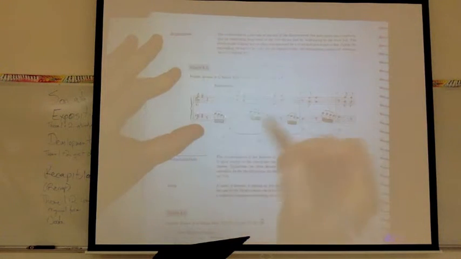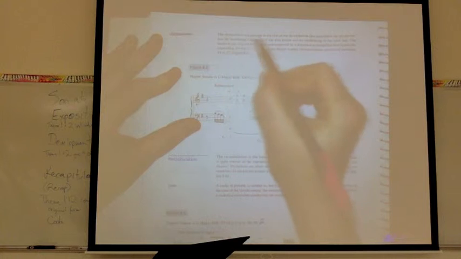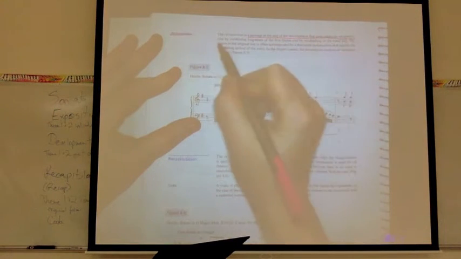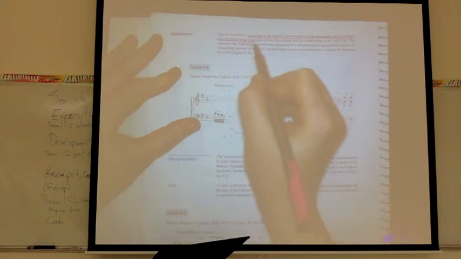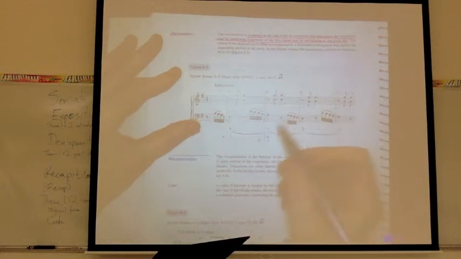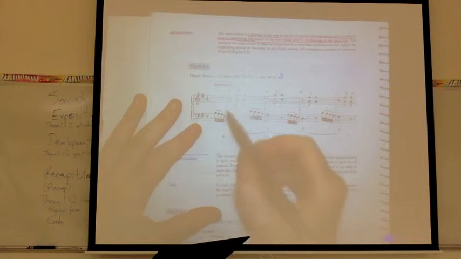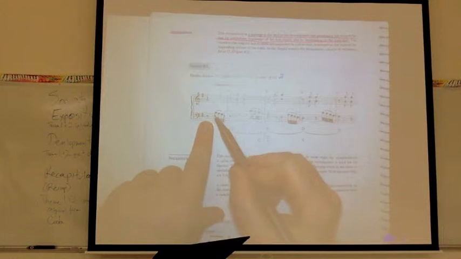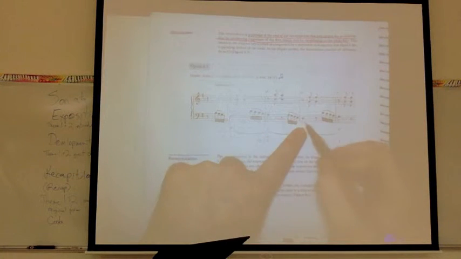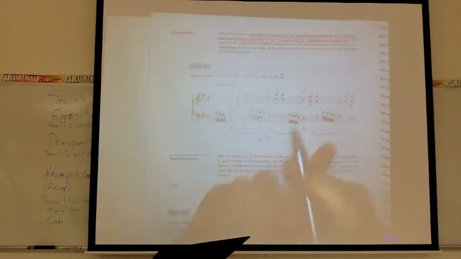All right. Now, at the end of the development, we get something called the retransition. The retransition is a passage at the end of the development that anticipates the recapitulation by combining fragments of the first theme and modulating to the tonic key. So basically, what he's going to do is take little fragments. So he's got this ba-da-da-da-dum, ba-da-da-da-dum, right?